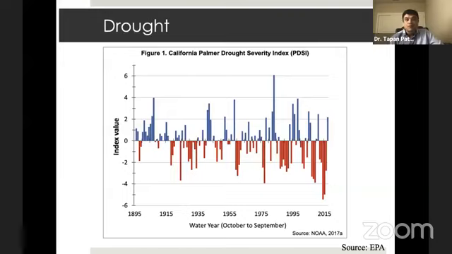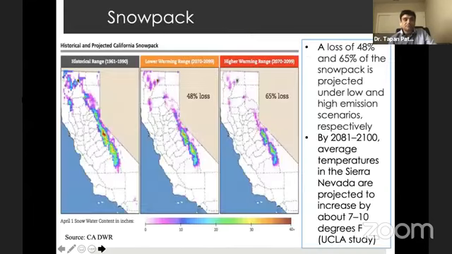It's called the Palmer Drought Severity Index, which, in easier terms, is measuring relative dryness. Although it's not a good representation of agricultural drought in California, it's just an indicator that we are experiencing extreme or exceptional drought in recent years.